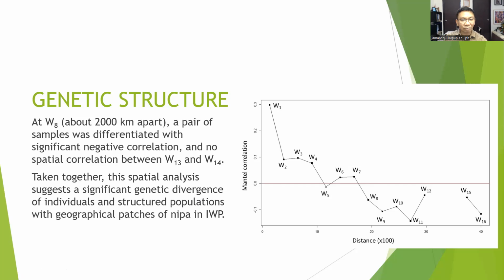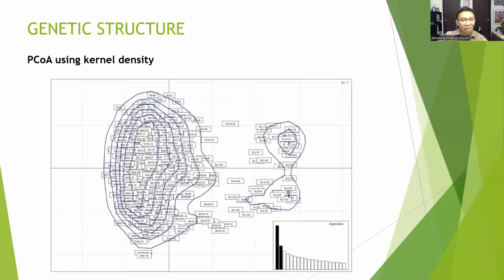Nipa in the region. So when samples are plotted across space by principal coordinates analysis using kernel density, that is to assess the distribution of genotypes onto the principal axis, one larger group belongs to Southeast Asia and a smaller group to Sri Lanka.